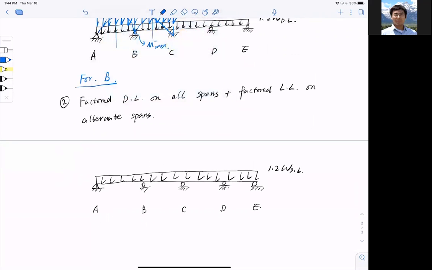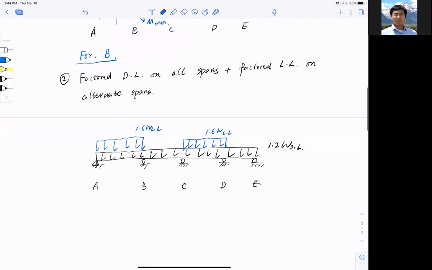That means if I want to put it here, 1.6 live load, I need to put it here, 1.6 live load. And that is the alternate span.